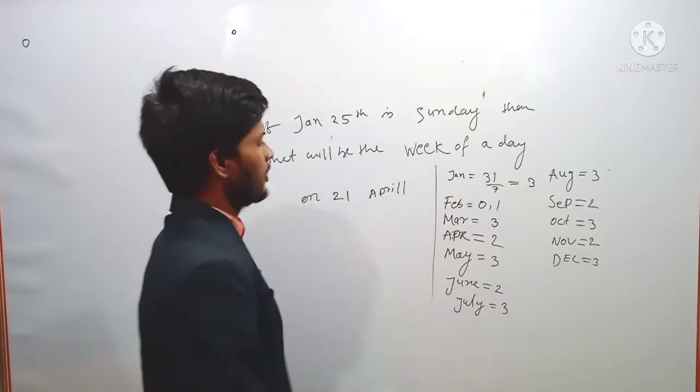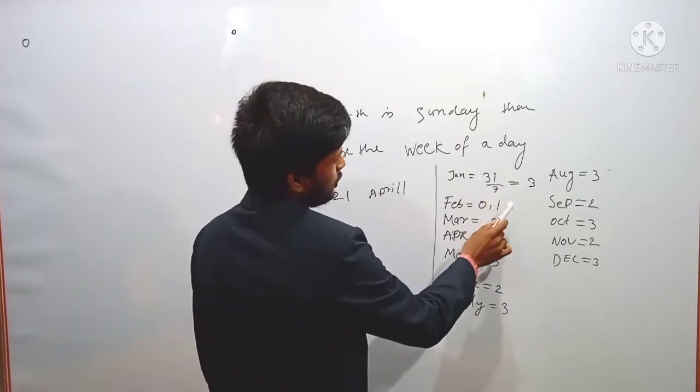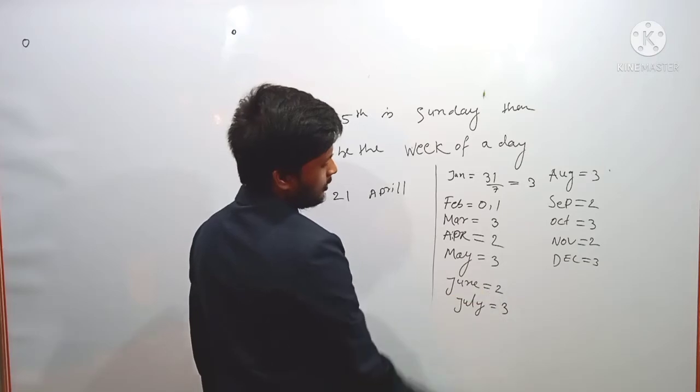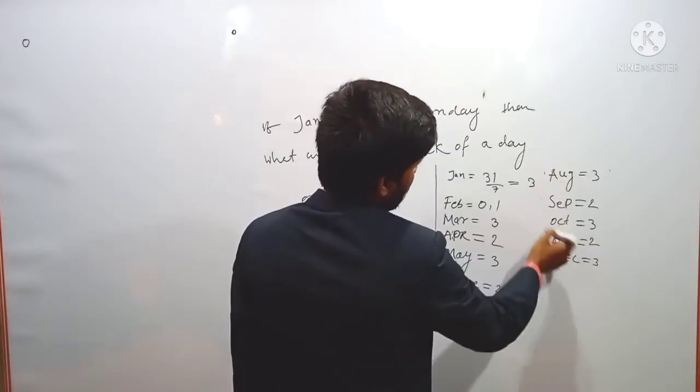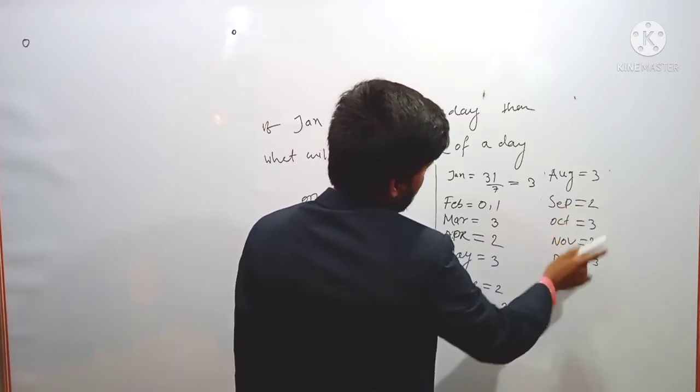This is the series like this: 3, 2, 3, 2, 3, 2. After 7, it will become again 3, 2, 3, 2, 3.